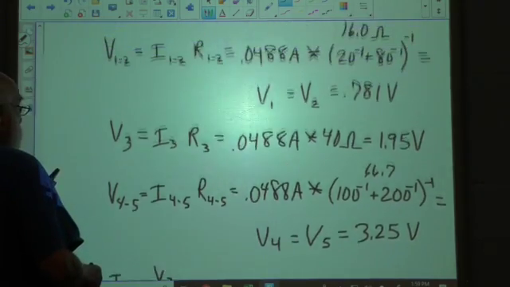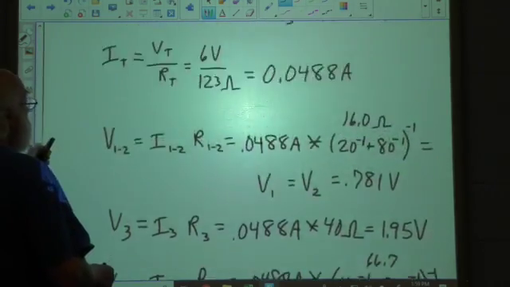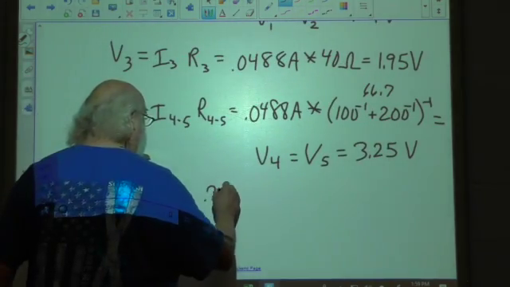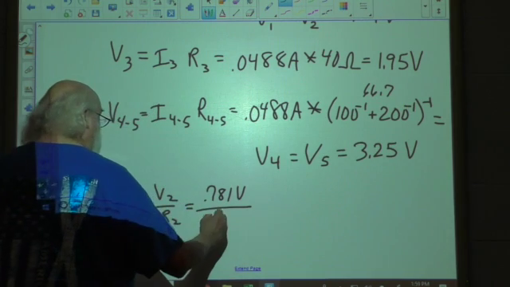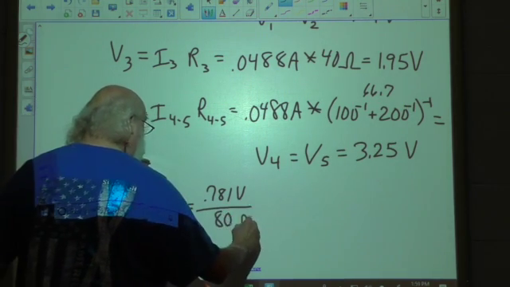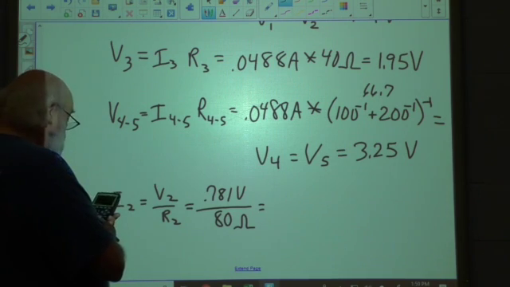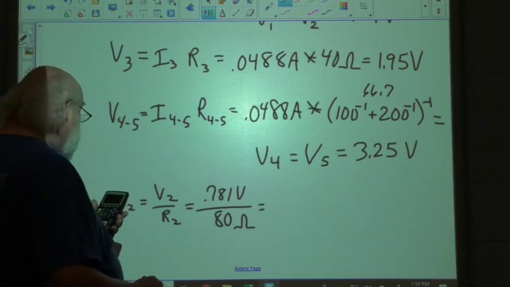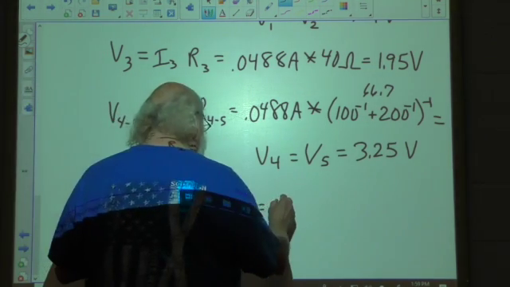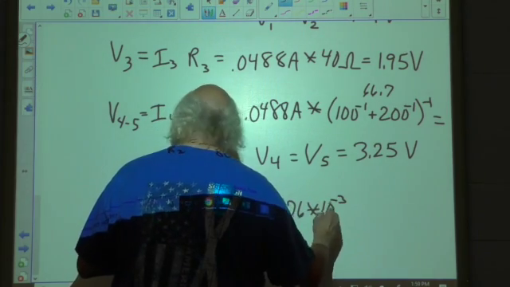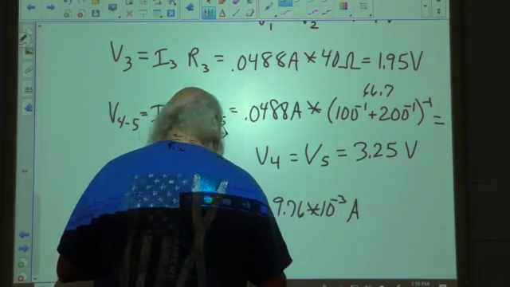So V2 is 0.781 volts. R2, I believe, was 80 ohms. So 0.781 divided by 80 is 9.76 times 10 to the negative third amps.